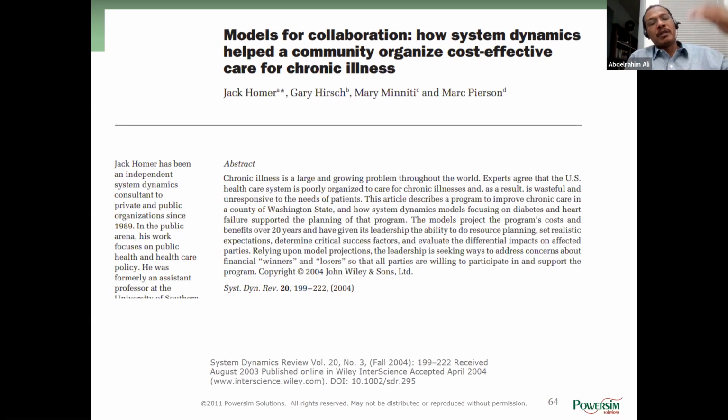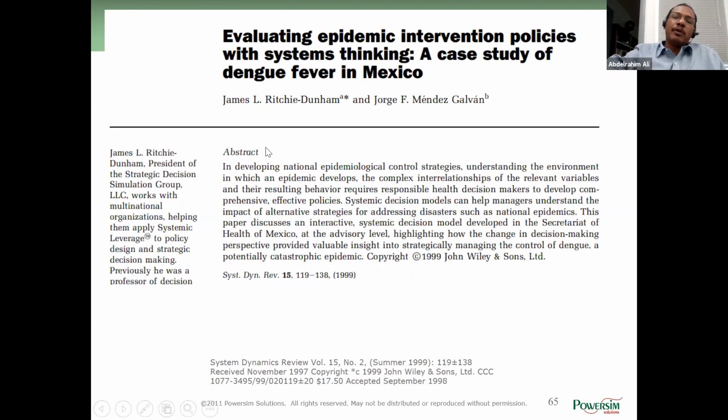And in the paper, you can see the models and their different components. I like this because the first one is chronic diseases. This one is communicable diseases: Evaluating epidemic intervention policies with system thinking, a case study of dengue fever elimination. They built different models, because for the elimination of dengue fever, there are different interventions. It's like a combination.